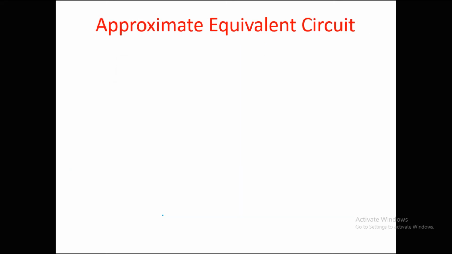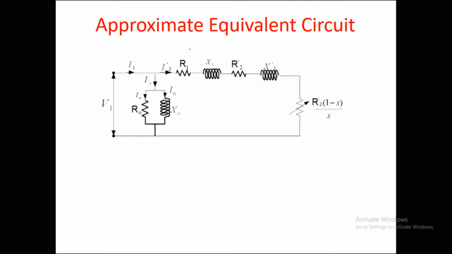We know the approximate equivalent circuit is another equivalent circuit specifically designed for obtaining the branch parameters of an equivalent circuit. It means here we have just separated the shunt and series branch elements. So by performing the no load and blocked rotor tests, we can find the values of resistances, reactances, and the active and reactive components of no load current.